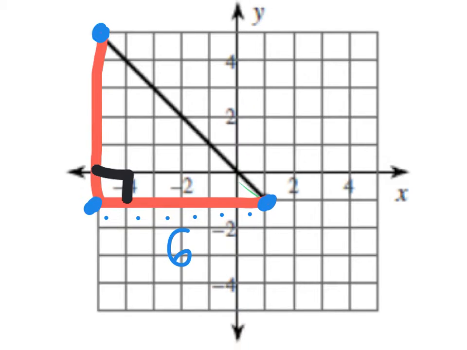Okay, so that's my favorite mistake because we're not counting how many full squares. I don't really care if it's a full square or not. I'm asking how many squares did it travel? If you're going from this bottom point to the top, how many squares did it move? So let's look at it. Okay, 1, 2, 3, 4, 5, 6.